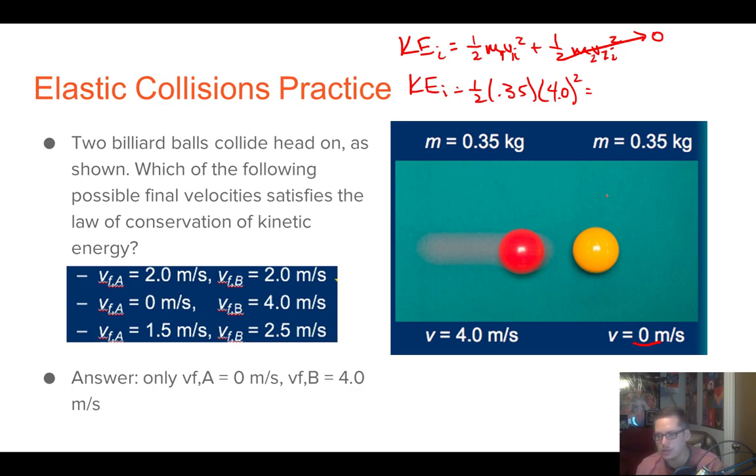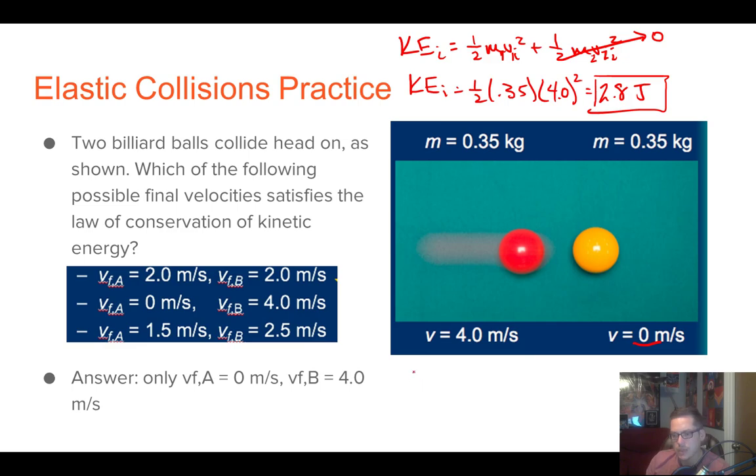So 0.35 times 16 divided by 2 is equal to 2.8 joules. That's our initial. Now, if conservation of kinetic energy holds true, each time we calculate the kinetic energy of these, we should get the same value.